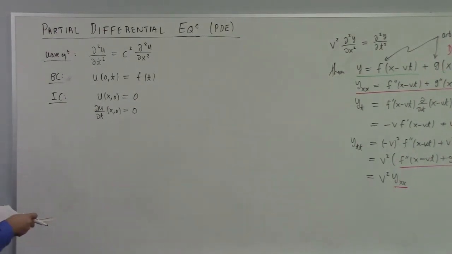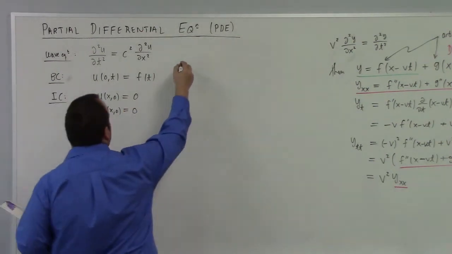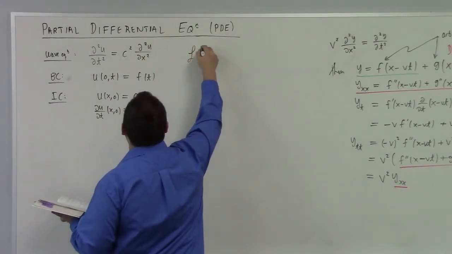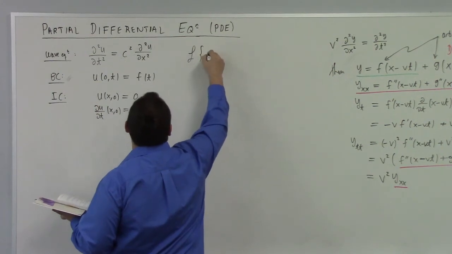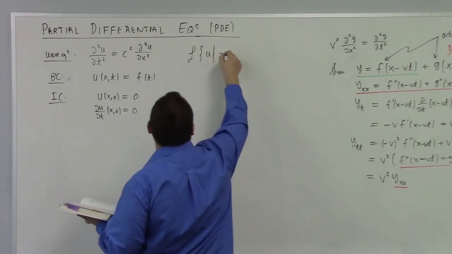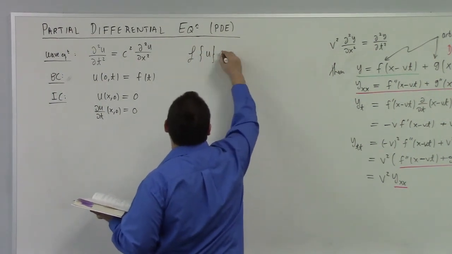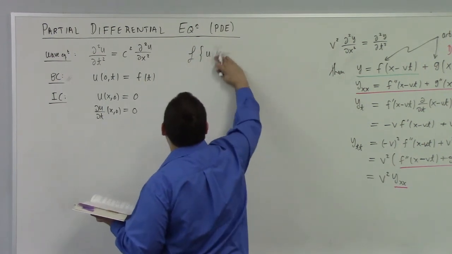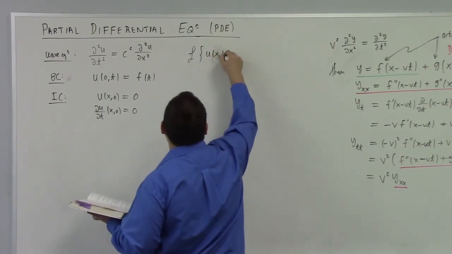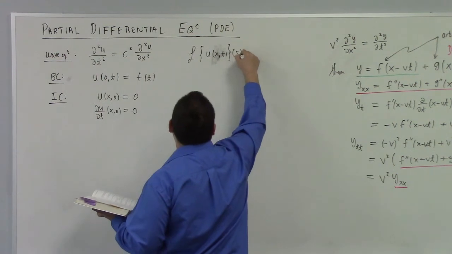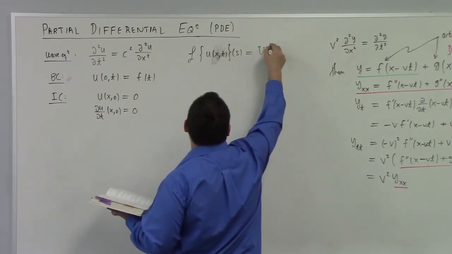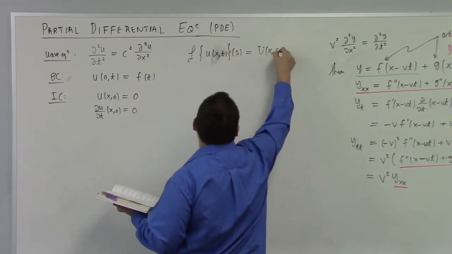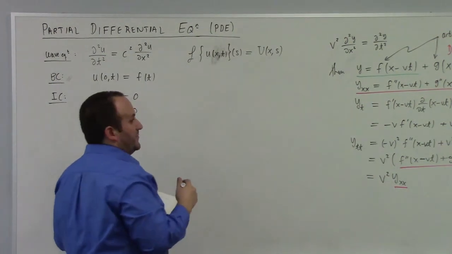So we take the Laplace transform of the partial differential equation. So the Laplace transform of u is equal to big U. u is a function of x and t. Take the Laplace transform of it, you get big U of x comma s. So basically we're transforming the time variable.